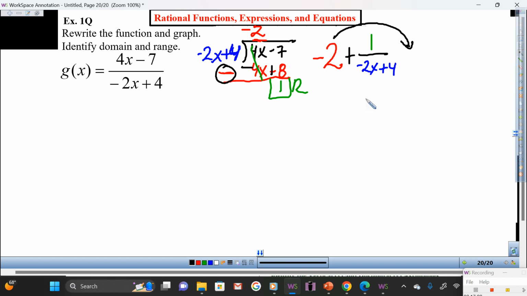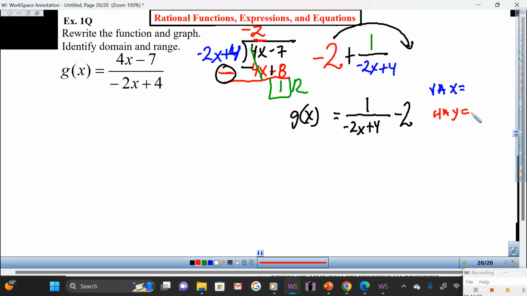So our new function is 1 over negative 2x plus 4 minus 2, and all that equals g of x. And if you got something like that, all right. So from there we get to work. Here we go. VA x equals, HA y equals.